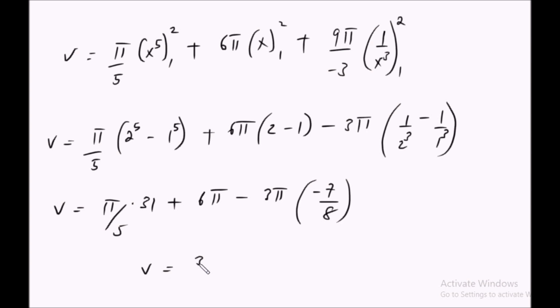So our volume now is just going to be 31 pi over 5 plus 6 pi. You can see negative and negative becomes positive, plus 21 pi over nini? Over 8. So our volume is just 31 pi over 5 plus 6 pi plus 21 pi over 8.